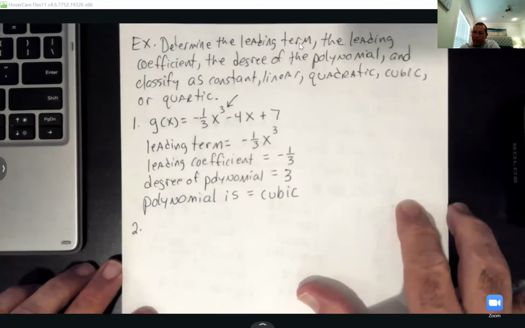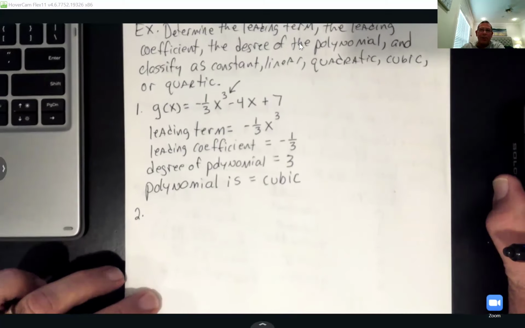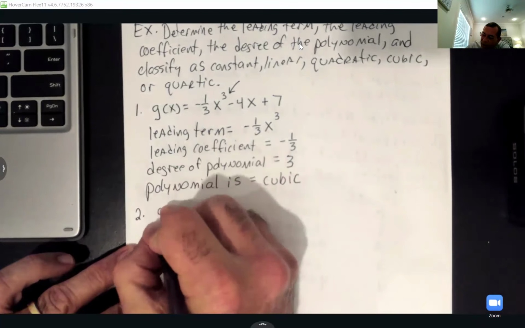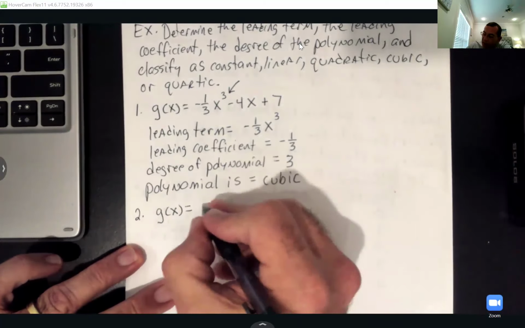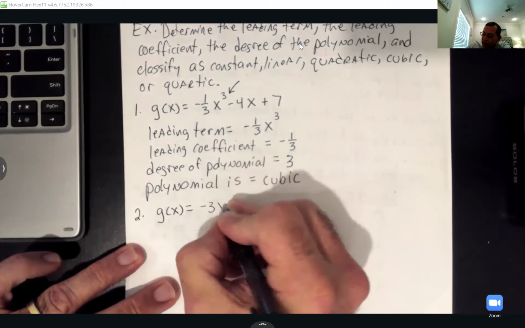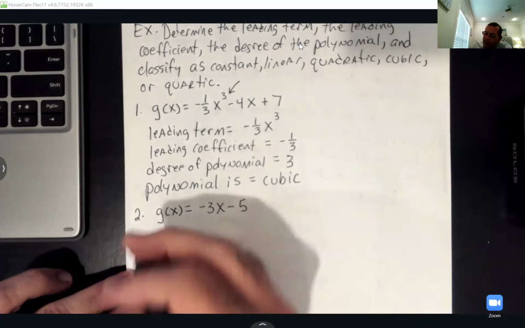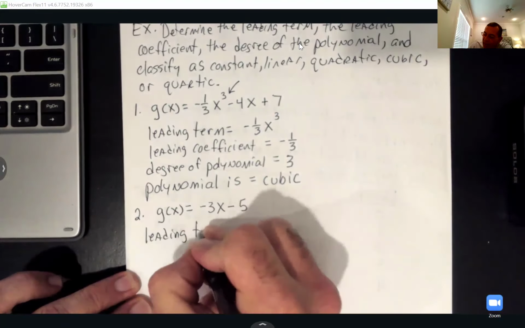So y'all, that's going to be the trick on these, all right? I'm going to give y'all a polynomial here, and I'm going to see what y'all do with it. So this polynomial is going to be g of x equals negative 3x minus 5. So one of y'all tell me the leading term.